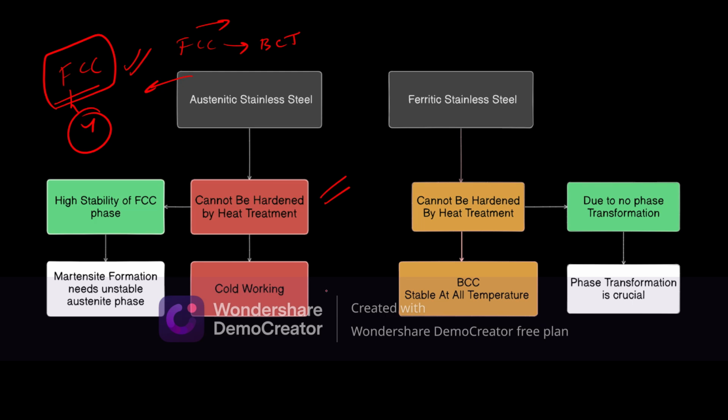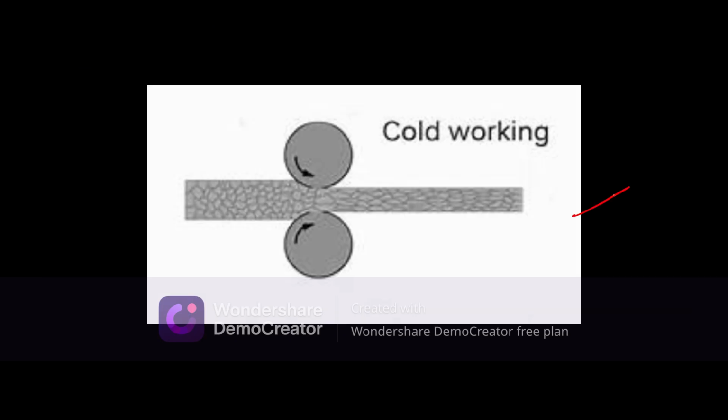So we can harden this material by using cold working. So this is the cold working where we pass the material between two rollers which are moving in opposite direction, and we elongate the grains into a particular direction. You can see the grains are elongated.